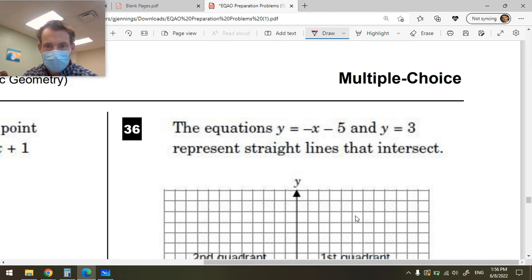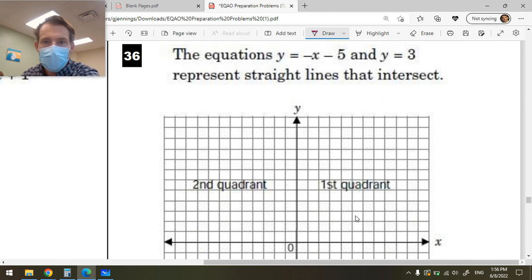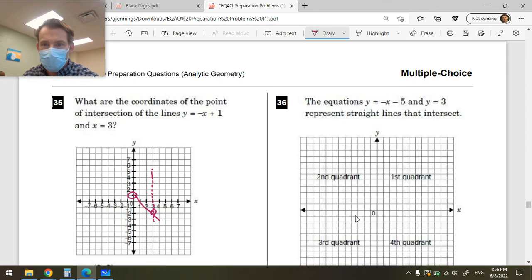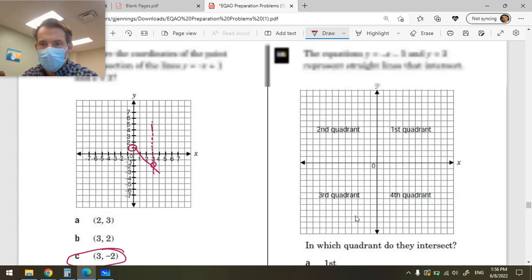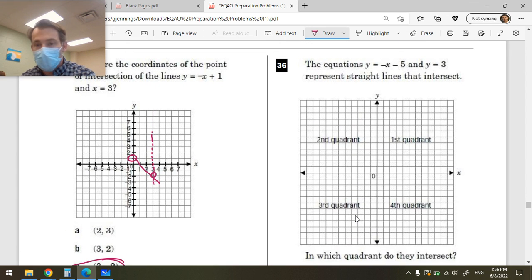Okay, and last question. The equations y is equal to -x minus 5 and y is equal to 3 represent straight lines that intersect in which quadrant? Well, it helps to visualize your lines and then graph them. I happen to know this is going to be in the second quadrant, and I'll show you why.